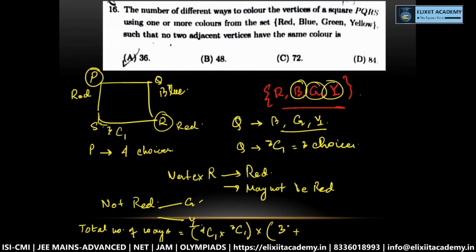So 4 plus 3 is 7. So 4 into 3 is 12, into 7, and that is 84.